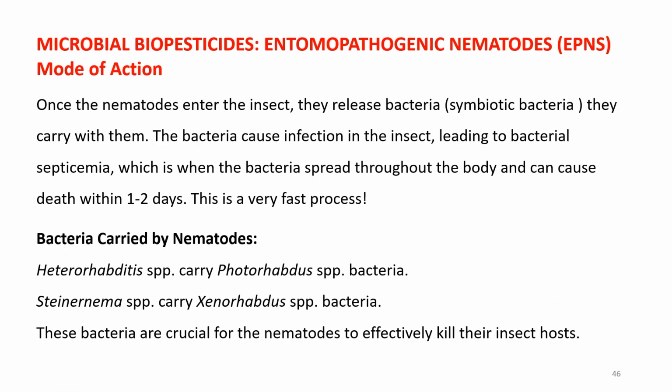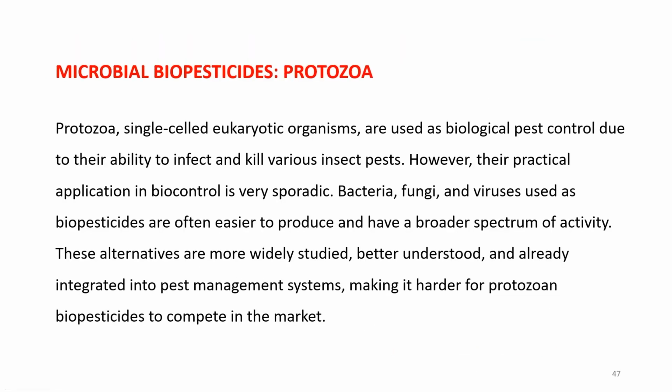What are the bacteria that are carried by these nematodes? For example, Heterorhabditis carry Photorhabdus species, then Steinernema carries Xenorhabdus bacteria. These are crucial for the nematodes to effectively kill their insect hosts.